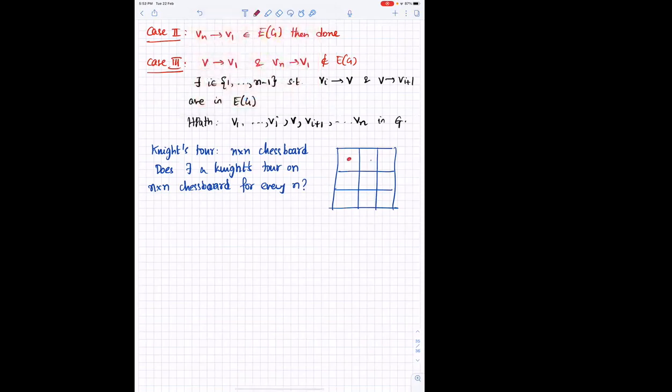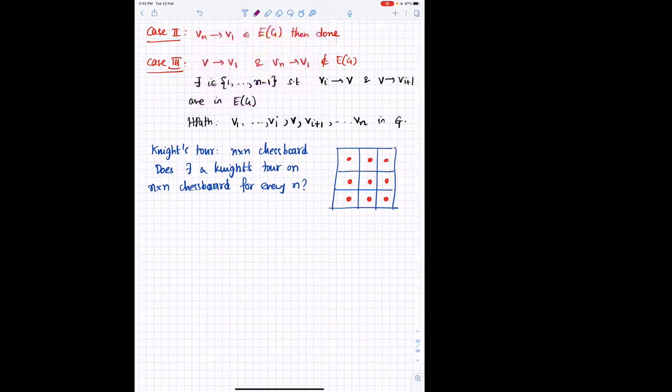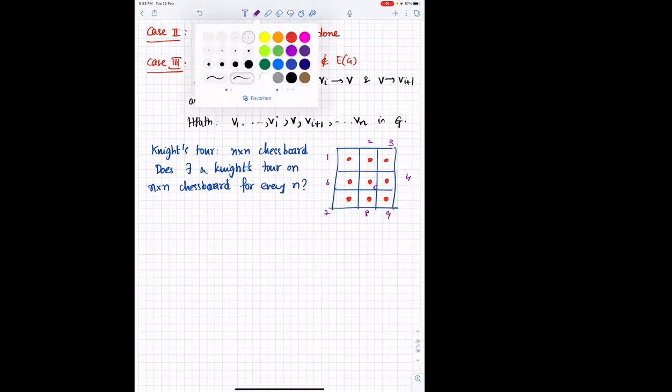So these are your vertices. These are the squares you have to visit, right? You have to visit every square, so you should put a vertex corresponding to every square. And what is the order in which you can visit? So let's call this 1, 2, 3, 4, 5, 6, 7, 8, 9. From 1, where is the knight allowed to go?